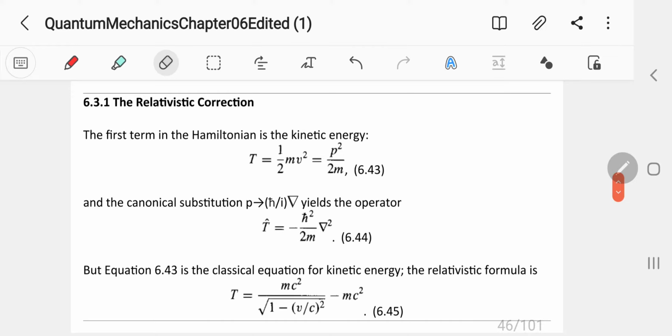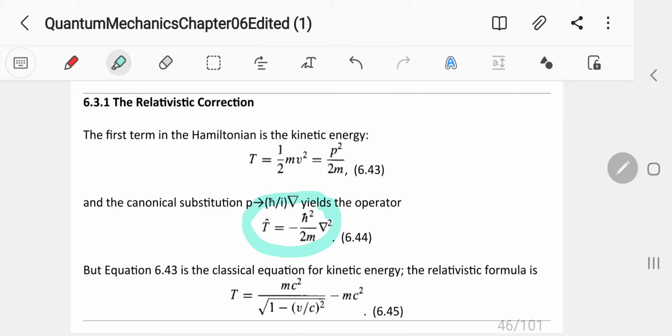So let's go first with the relativistic correction of the energies of the hydrogen atom. But let's take a look at the Hamiltonian first. So the first term would be kinetic energy, and the kinetic energy is given by p squared over 2m, and by canonical substitution in quantum mechanics, your kinetic energy operator would look like this.